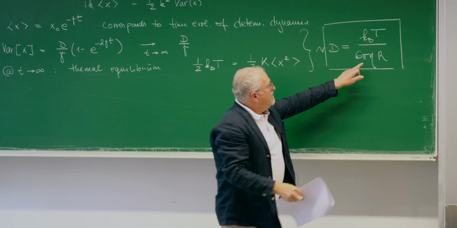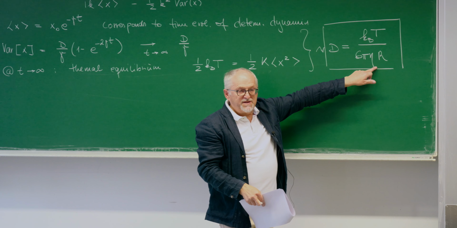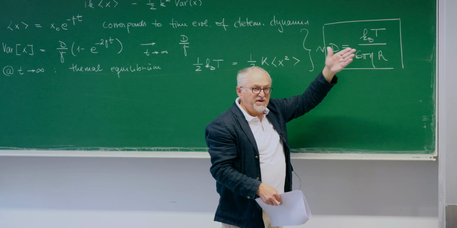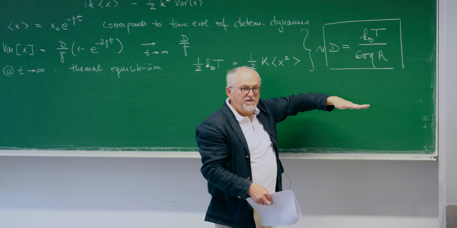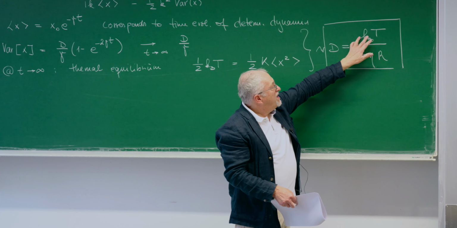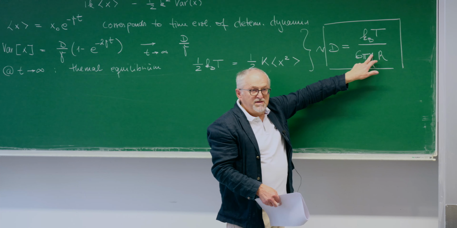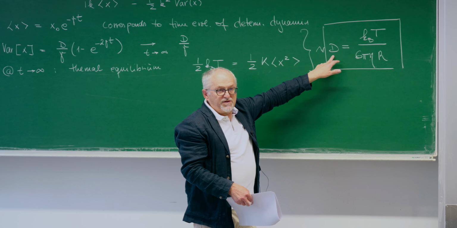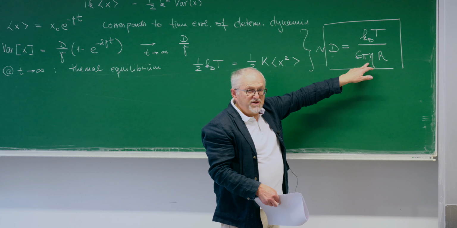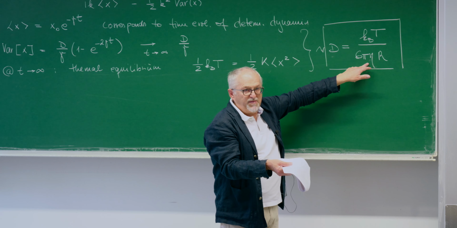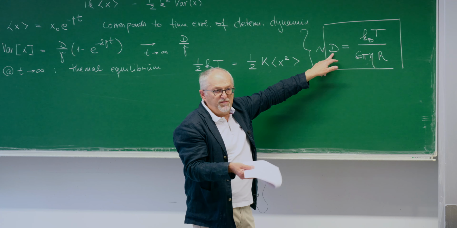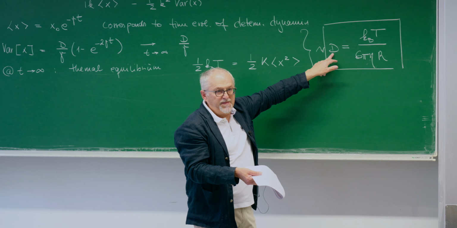Given the friction coefficient, this is how the friction coefficient determines the relaxation of the particle to the minimum. If you multiply k_B T with the inverse, which is the mobility, you need to get the diffusion coefficient. So relaxation towards the minimum given by friction is related to fluctuations determined by the amplitude of diffusion.